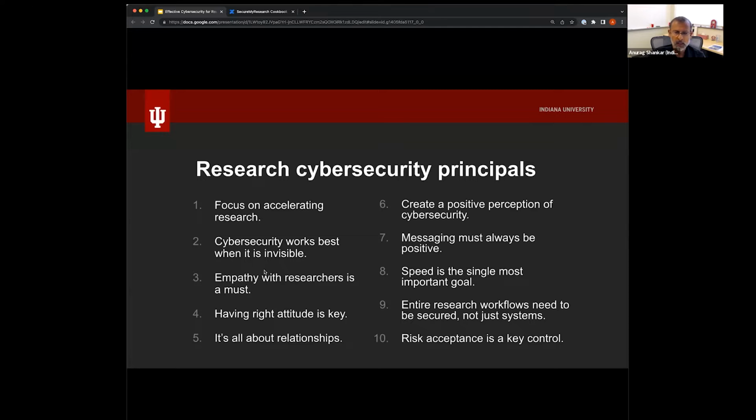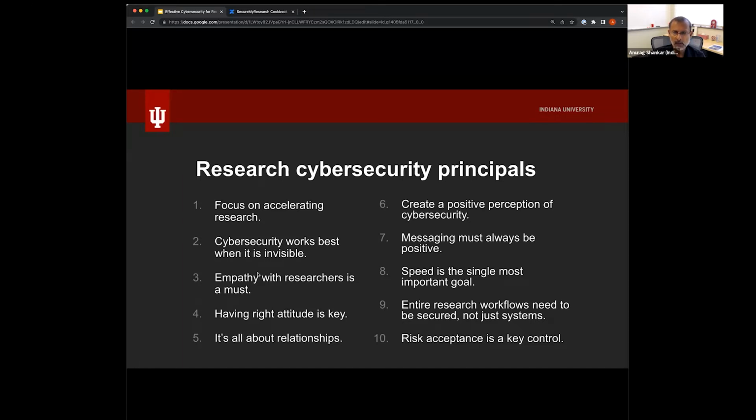Number 8, I think I've stated: speed is the single most important goal of research cybersecurity, to get whatever researchers need done at the speed they need it. Number 9, the traditional approach has been to provide systems which are secure and leave the rest to the researchers. What we really need to do is understand what the researchers are doing in some detail, and then stay with them and secure the entire research workflow or workflows that they have.